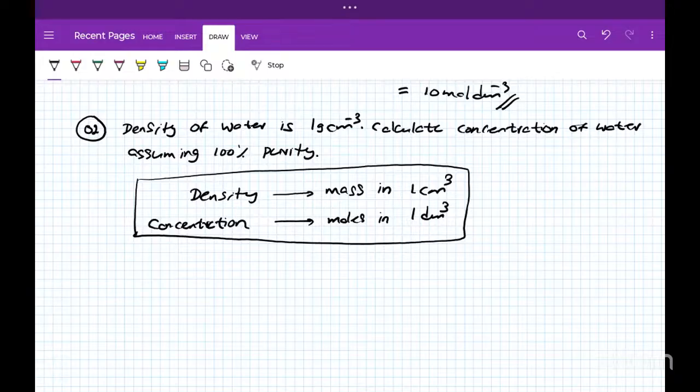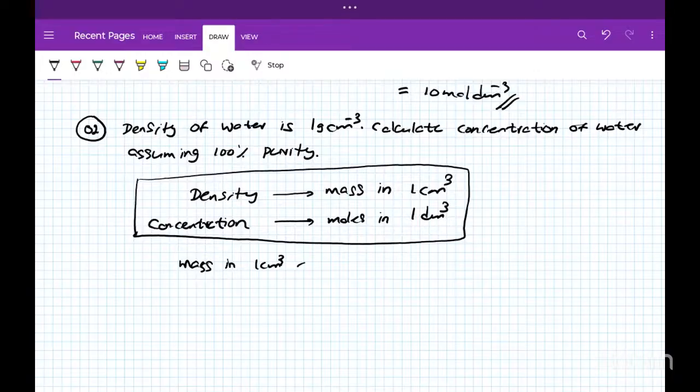Density means mass in unit volume, and concentration means moles in unit volume. When density is given, it can be easily converted into concentration because density is related to mass, concentration is related to moles.